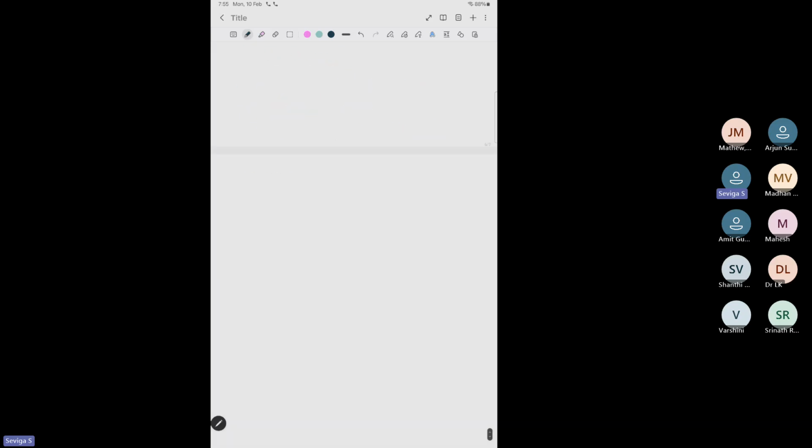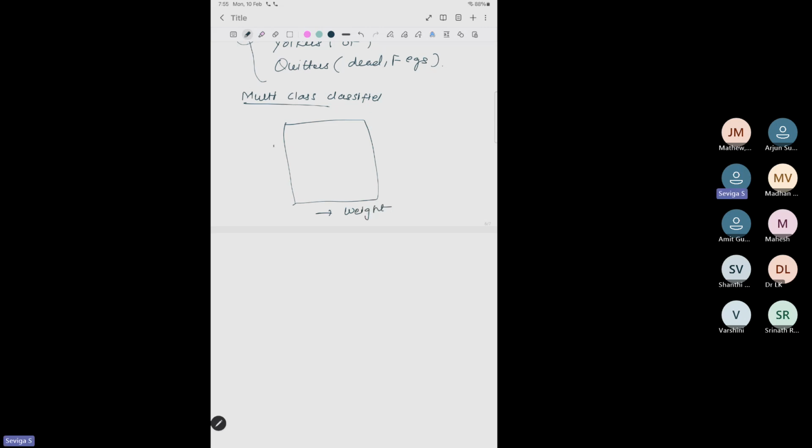Let's imagine that the features are still the same. We have two features. One is weight, the other one is length. We have three categories here. I can draw the circle as fertilized, and the square as yolks.